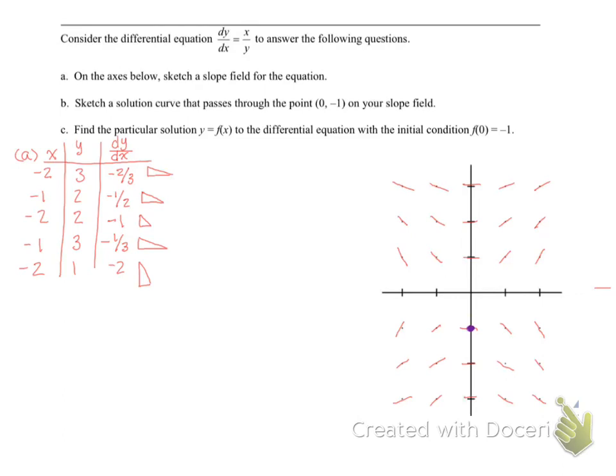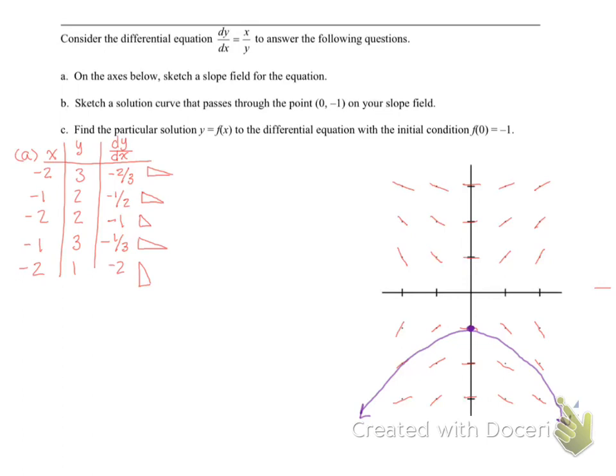It's not going to be exact, but do the best you can. My solution is going to look something like that. Again, not perfect, but make sure your little tangent lines follow your graph. That's the main thing you want.